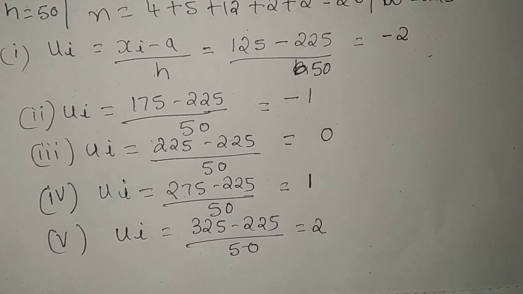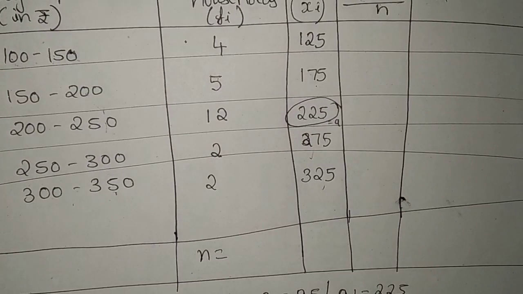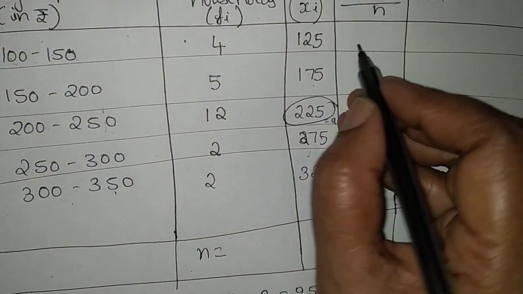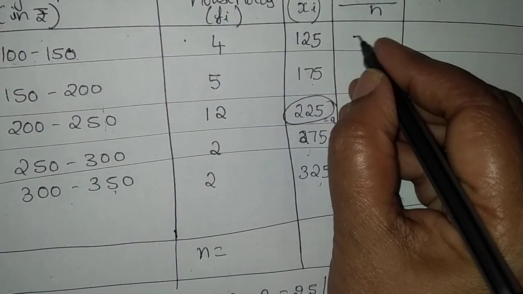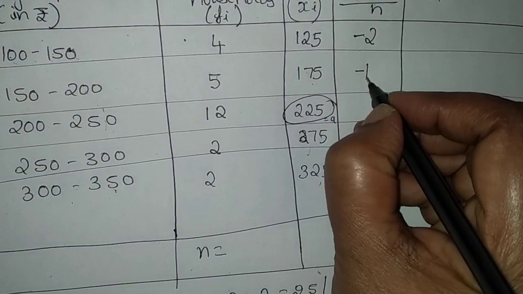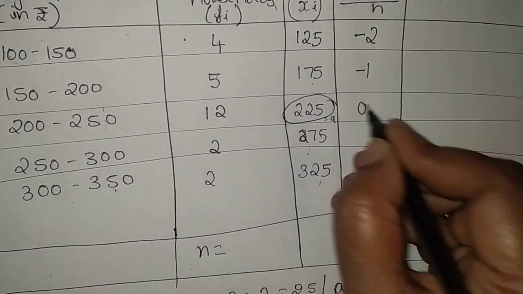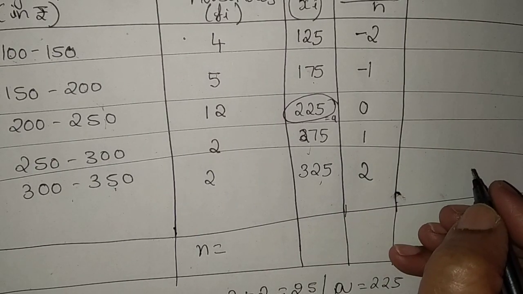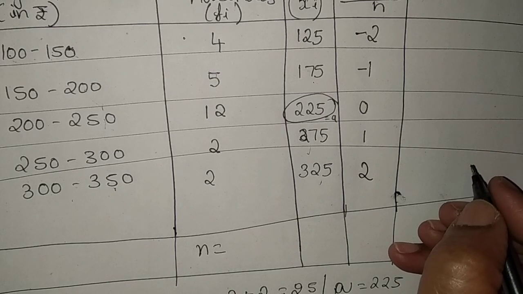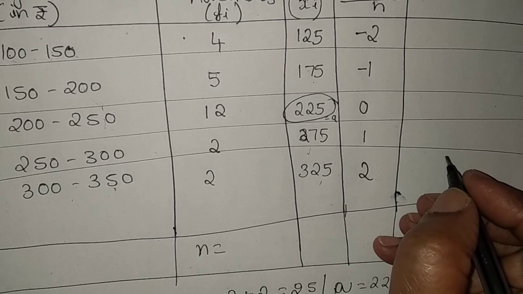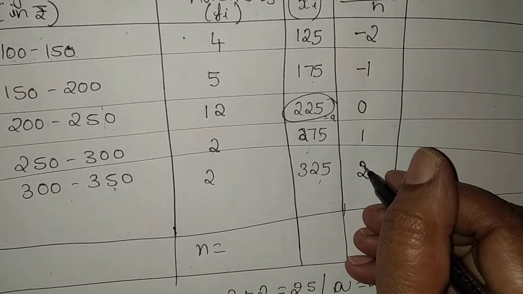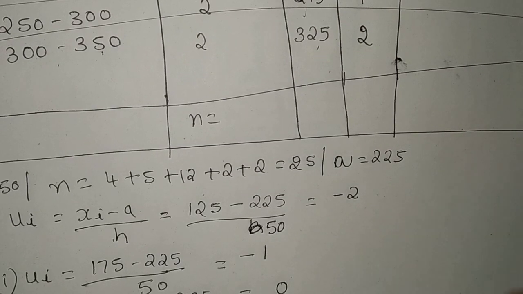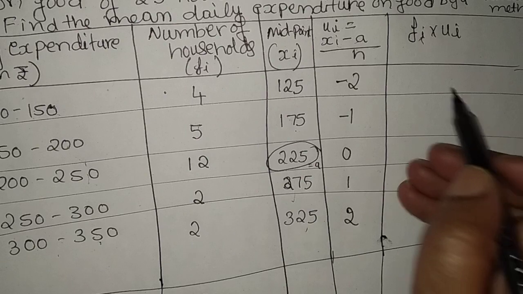Now substitute all the values in the table: minus 2, minus 1, 0, 1 and 2. After this, next we have to calculate fi into ui.